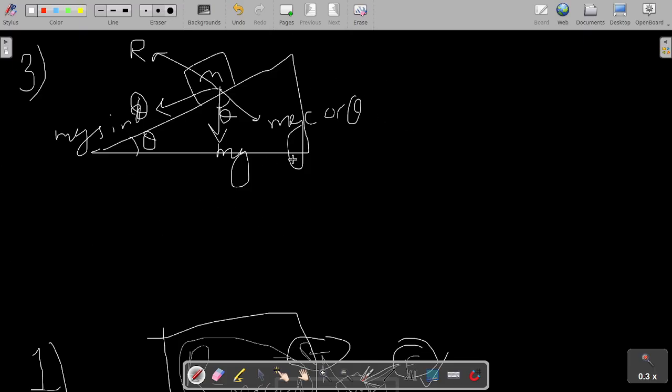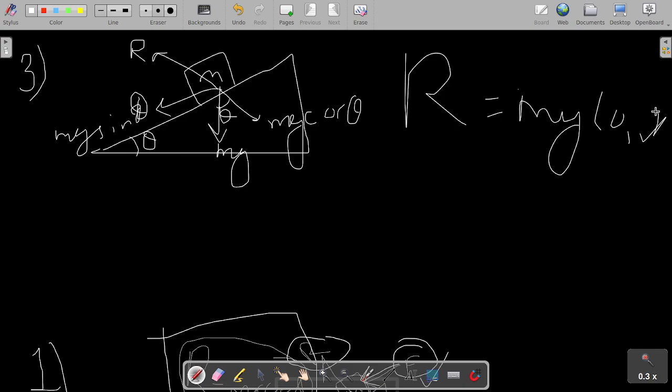So in this case I am not applying any force. Then again, naturally R is equal to mg cos theta.